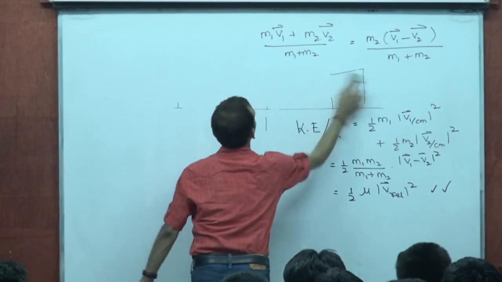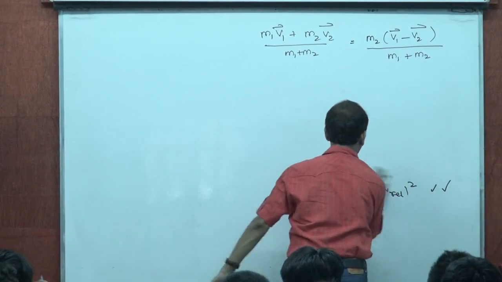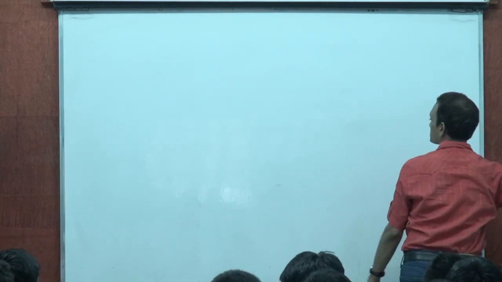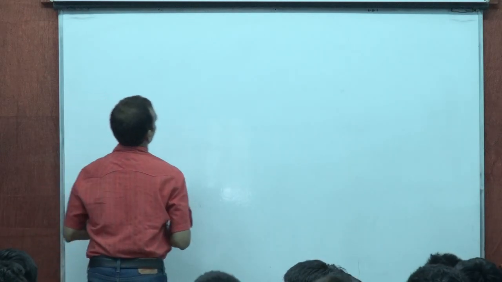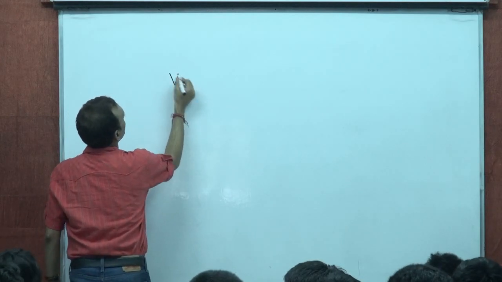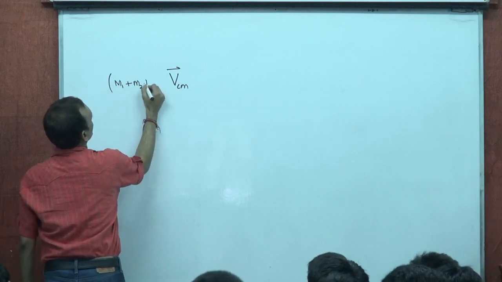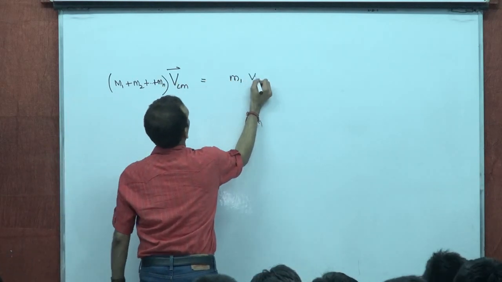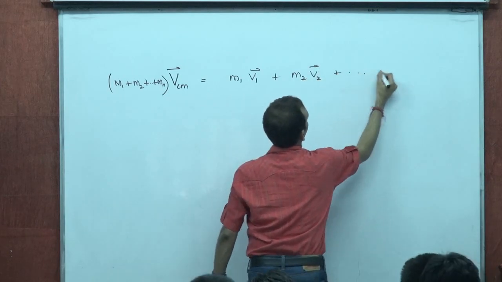Now, one more thing that I want you to just notice is that the velocity of the center of mass is given by m1 v1 plus m2 v2 plus ... mn vn, divided by the total mass.